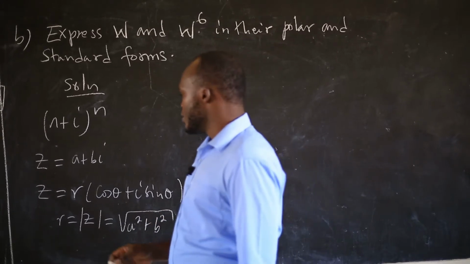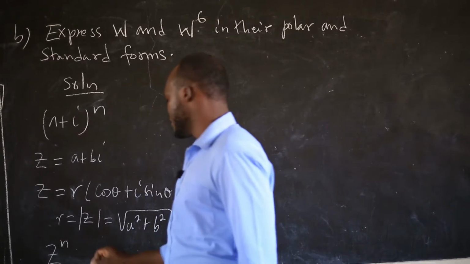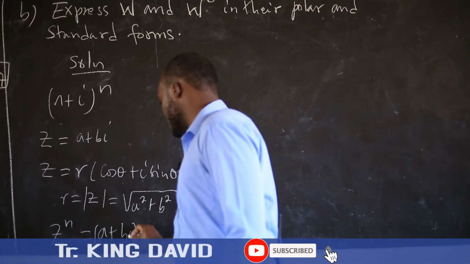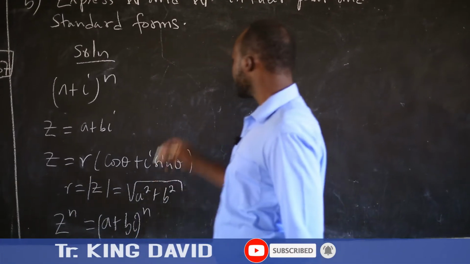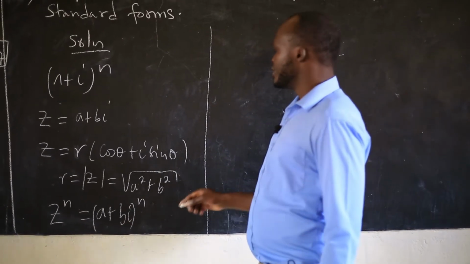So then, what is z^n? z^n is (a + bi)^n.